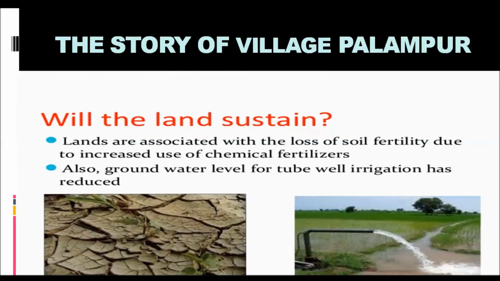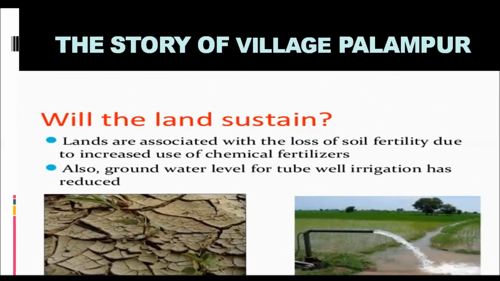Will the land sustain? Lands are associated with the loss of soil fertility due to increased use of chemical fertilizers. Also, the groundwater level for tube well irrigation has reduced. In raising production, a great deal of pressure has been put on land and other natural resources due to overuse of land and use of chemical fertilizers.